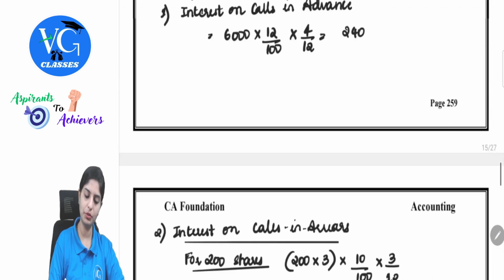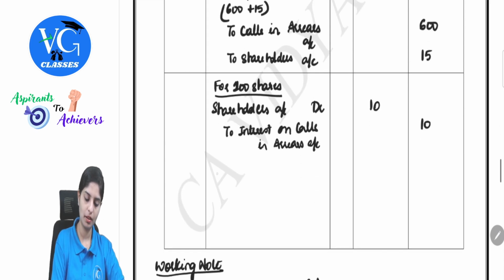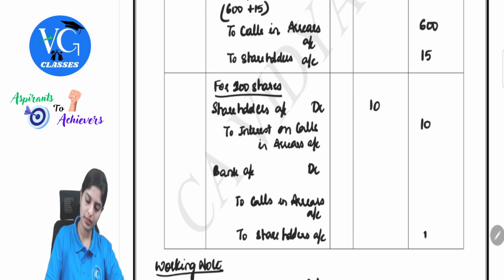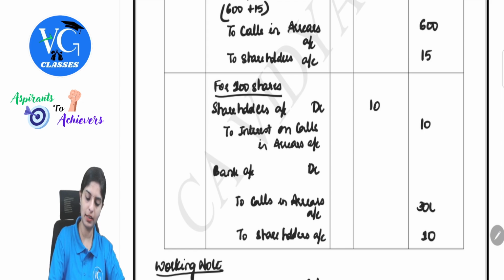What is the amount? 10 rupees. Bank account debit to calls in arrears account to shareholders account. To shareholder it is 10 rupees. 100 into 3, 300. So this is 300 plus 10, 310.